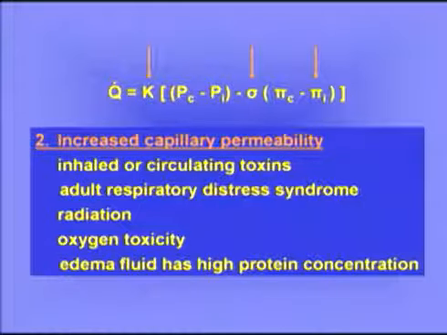Now, the second most important cause probably is increased capillary permeability, and that's where the capillary wall is abnormal, and therefore the filtration coefficient is increased, sigma is decreased, in other words, it's much easier for the proteins to get across, and there's a change also in the colloid osmotic pressure of the interstitial fluid, which gets more protein.